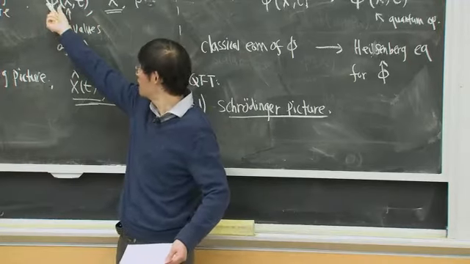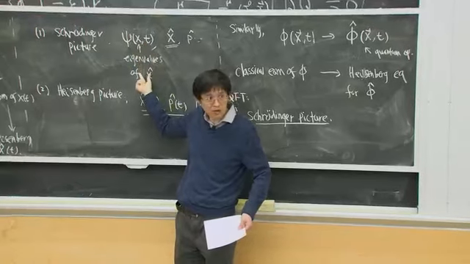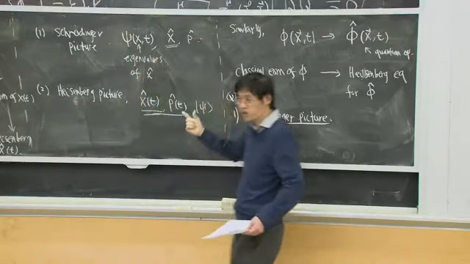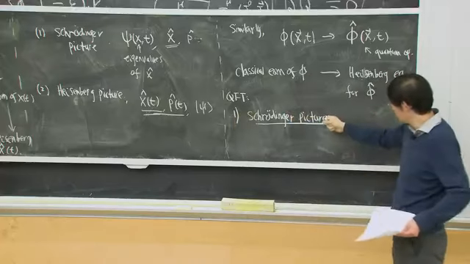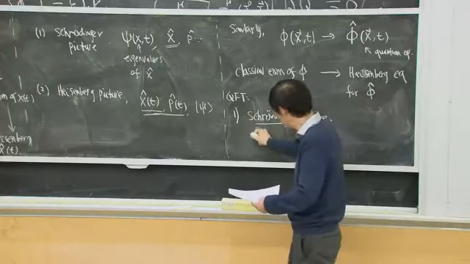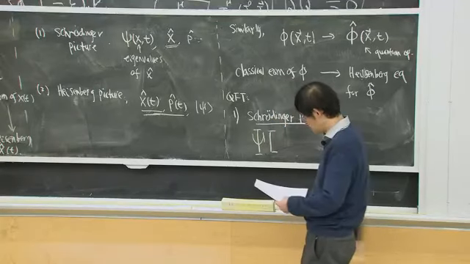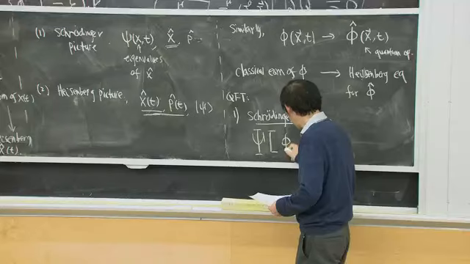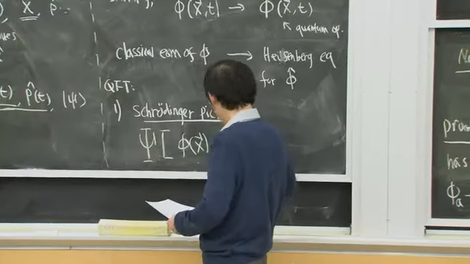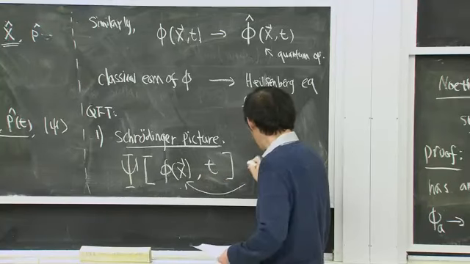Remember here, psi is a function of the eigenvalues of your dynamical variables. So now if we push this analogy further, when you go to quantum field theory, in the Schrodinger picture, the wave function should be a function of phi(x) and t.